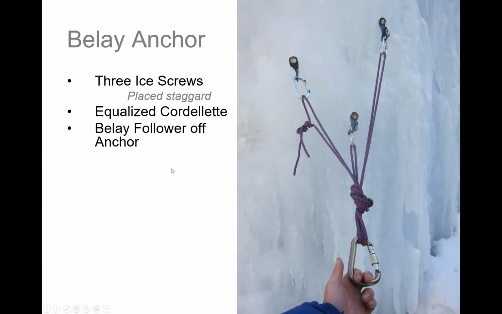Obviously missing from here is that you'd be PA'd into one of the ice screws as well. But this is the anchor setup that you would be expected to place at ice 1, and you will be expected to do it for the second field trip.